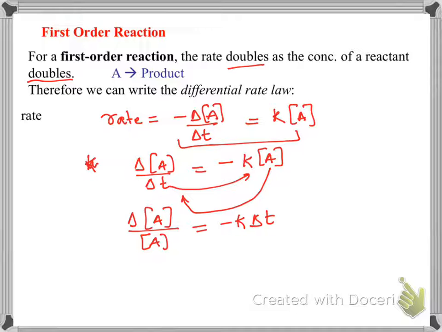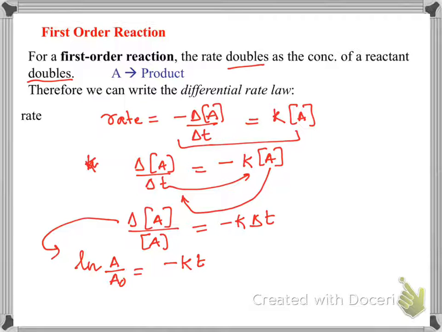So if I integrate it, it will be ln A over A naught equals negative kt. Now from here to here I went by integration, so you do not need to know the whole integration part.